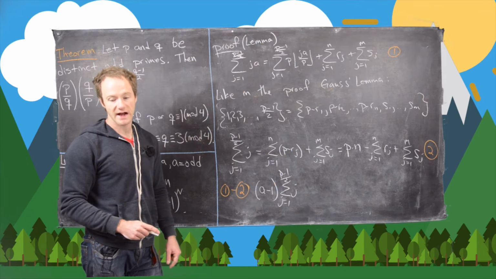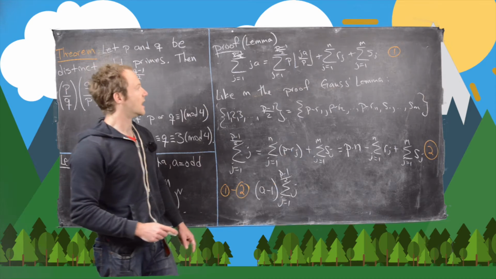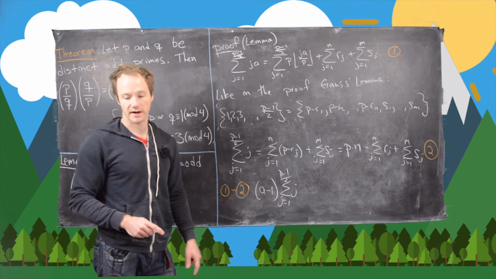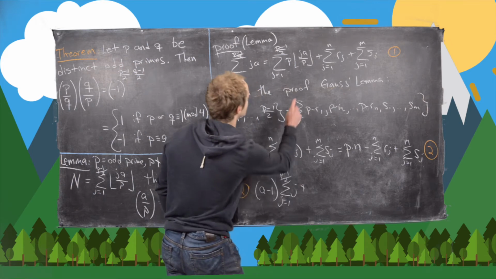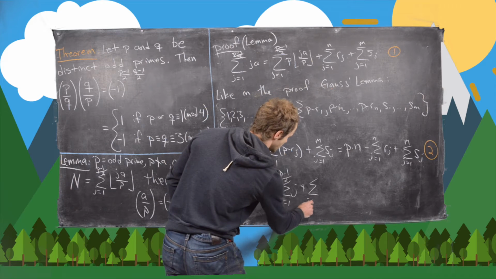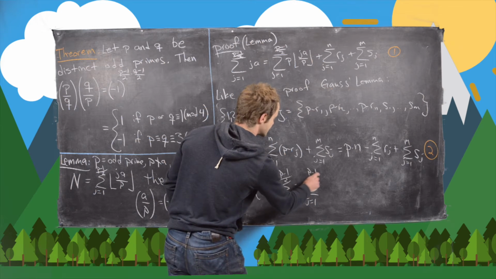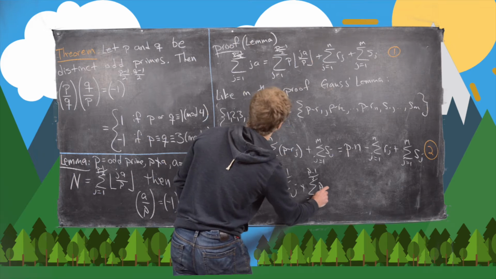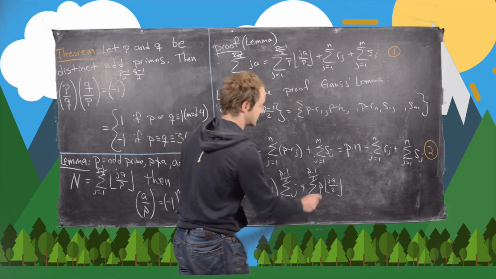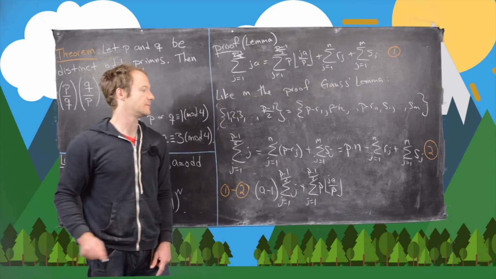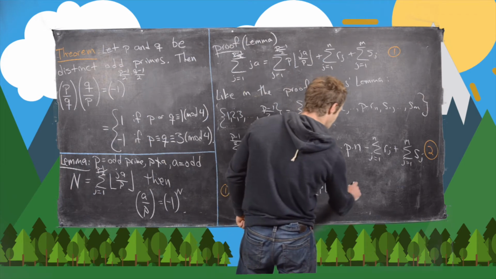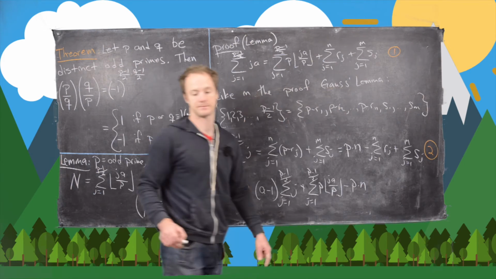And now notice for the right-hand side, some stuff cancels. In fact, these sj's cancel, and we're left with the following. So we're left with plus the sum j equals 1 to p minus 1 over 2 of p times the floor of ja over p. Good. And then next we're going to have minus p times n.